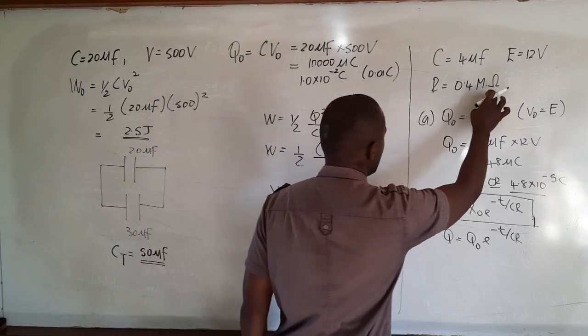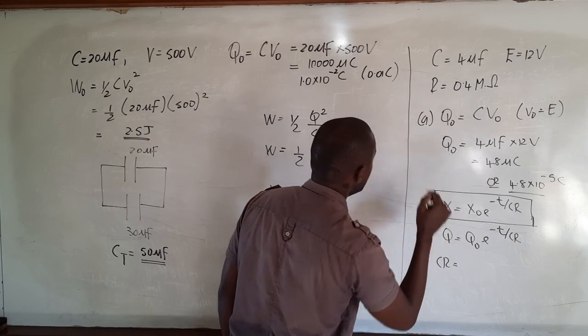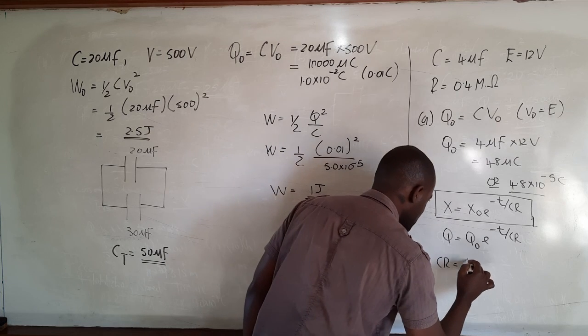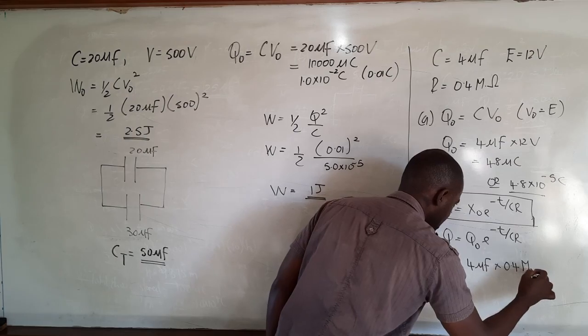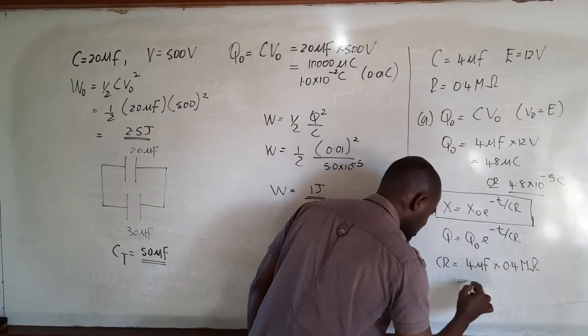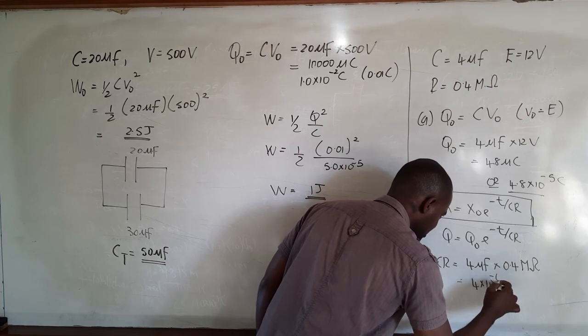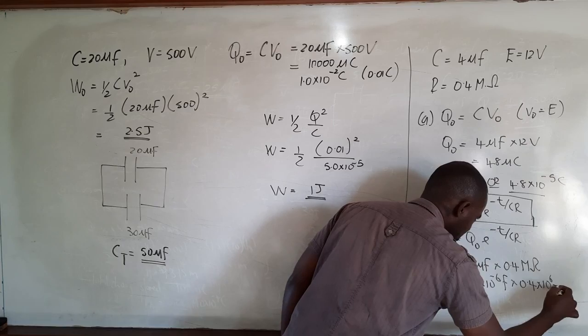So we can find the value of CR. CR would be equal to 4 microfarads times 0.4 mega ohms. Prefix micro is 10 to the minus 6. So this is 4 times 10 to the minus 6 farads times 0.4 times 10 to the 6 ohms.